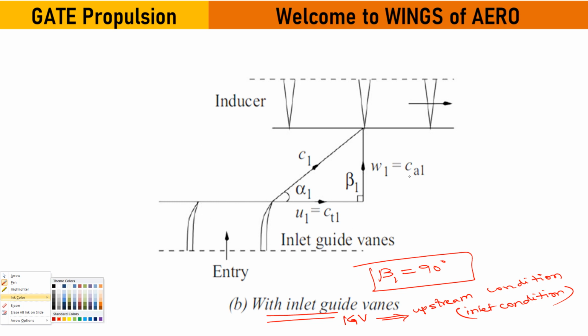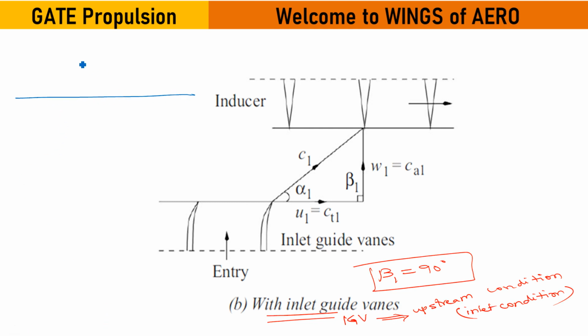It is very confusing to remember this schematic diagram, so that's why I have always given you the simple diagram. While you're practicing, always make the schematic diagram to avoid confusion, and write down all the nomenclature and the basic velocity diagram.